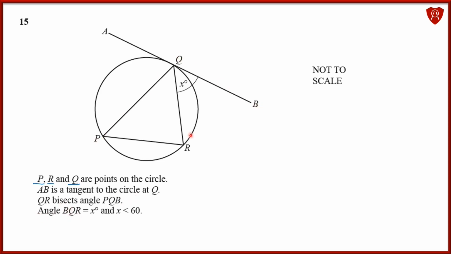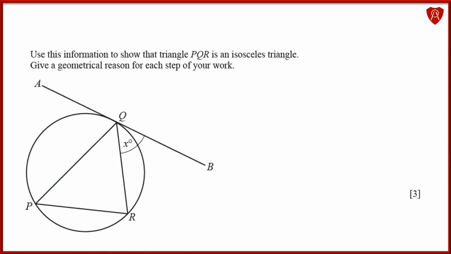Angle BQR, this one here, is equal to x degrees and x is less than 60. Use this information to show that triangle PQR is isosceles triangle. Give a geometrical reason for each step of your work.